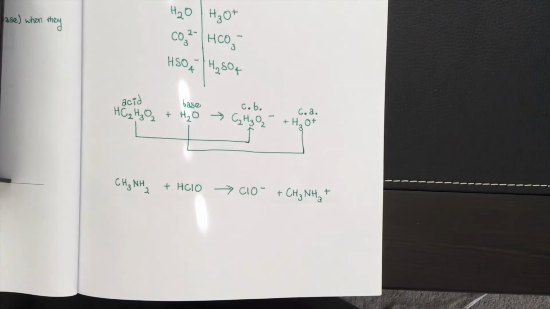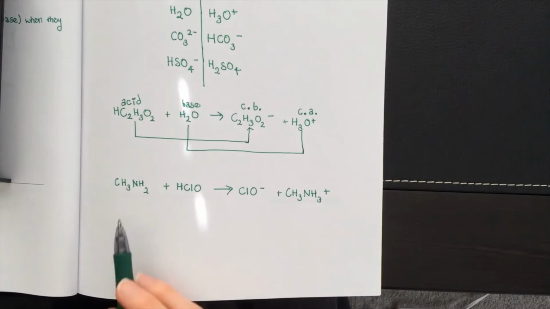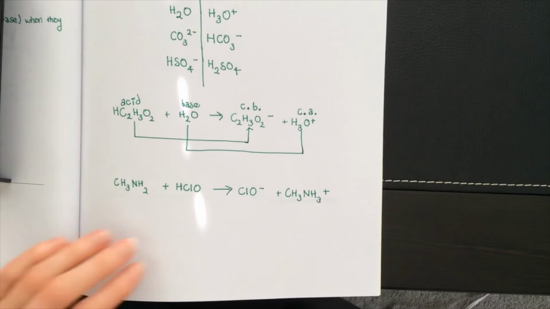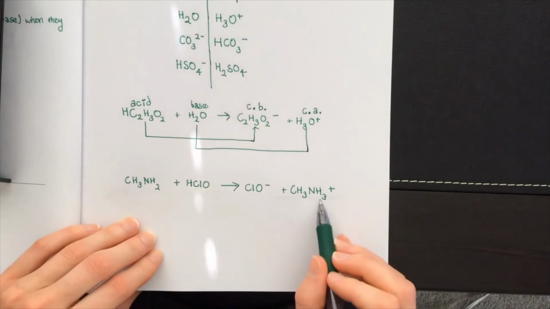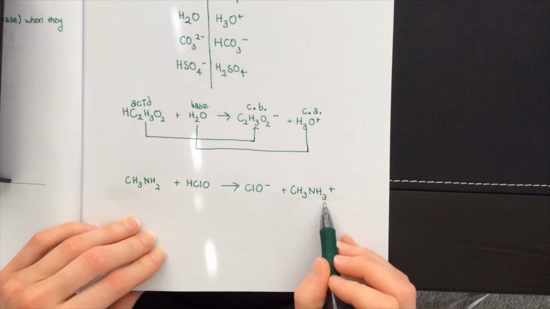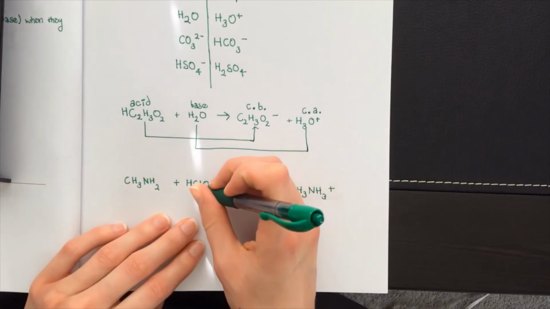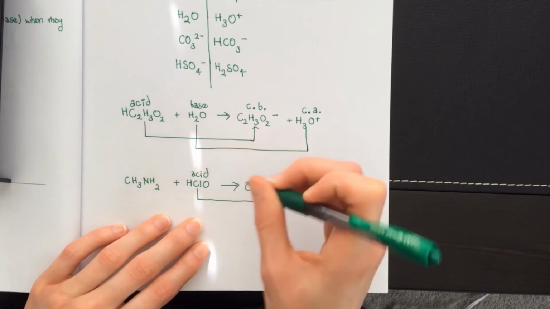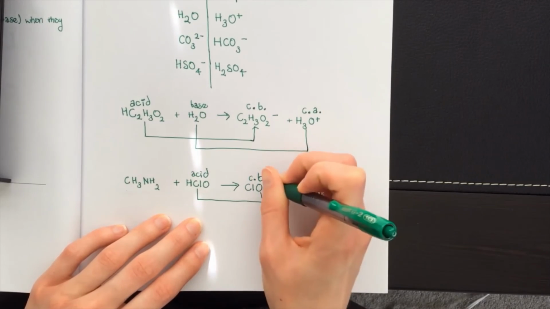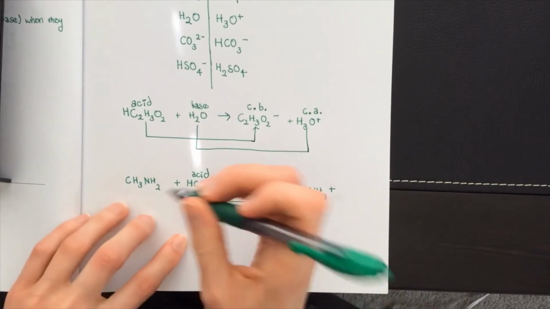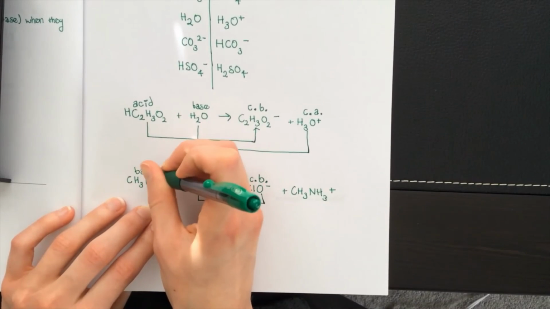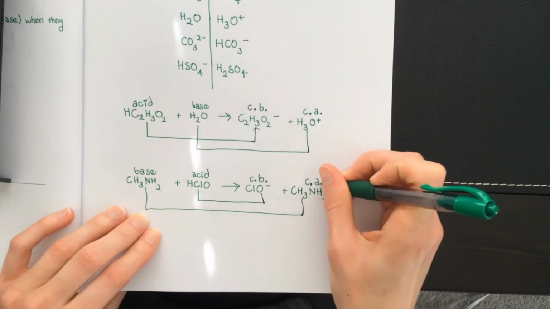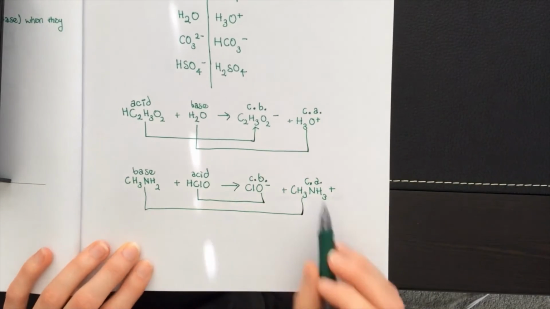The first thing you want to do is look for which one is losing the H, because whichever one that is, it's the acid. This one is getting an H. It's going from H2 to H3. So that's not the acid. This one is losing an H, so it's the acid, and we know the acid turns into the conjugate base. It's always that way. Acid turns into base. So that means this must be the base, and it's turning into the conjugate acid. We can verify that by seeing that it's gaining an H.